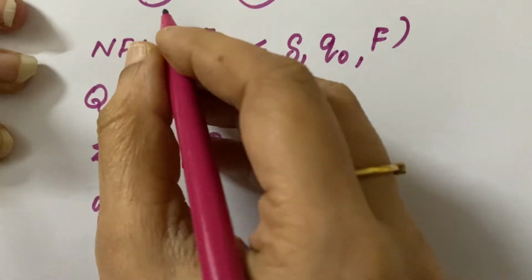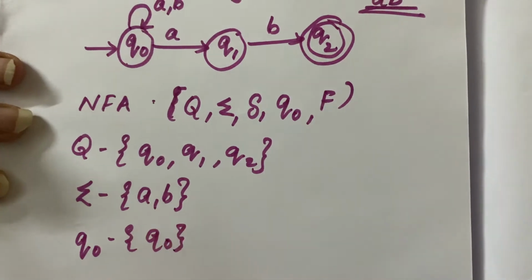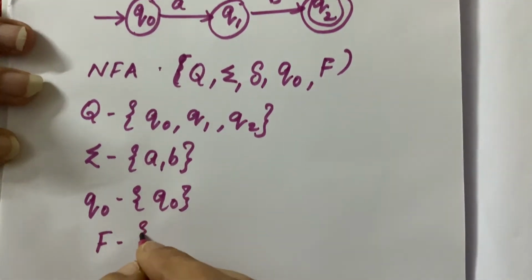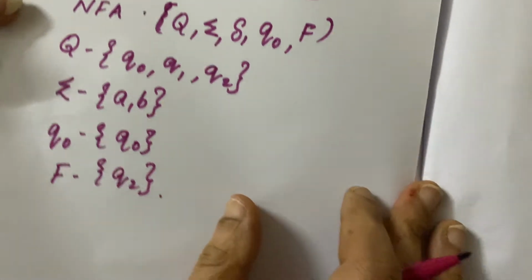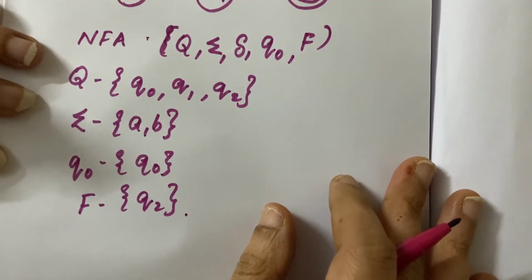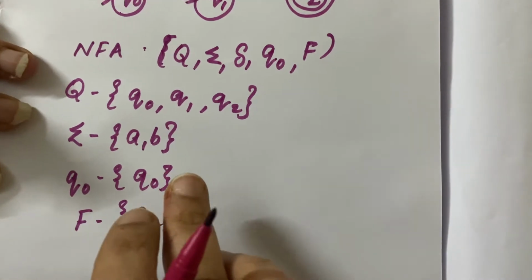Q0 is the starting state. F represents the final state. Which is the final state here? Q2. Now we will see the transition function. Compared to DFA there will be a difference, because in DFA there is only one transition, but here there can be more than one.